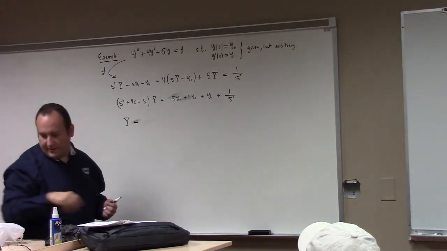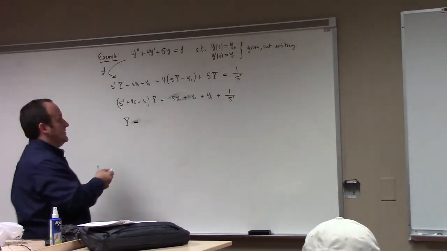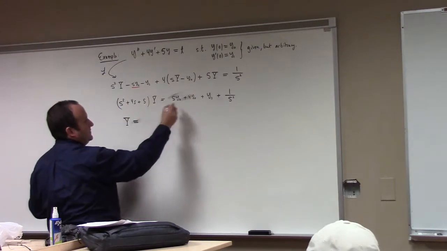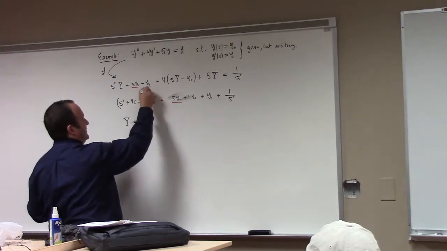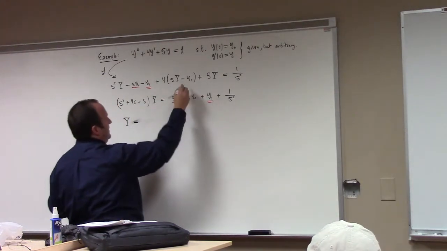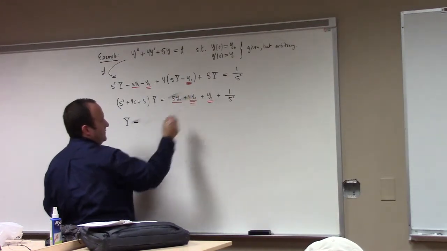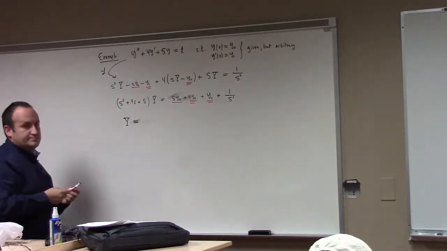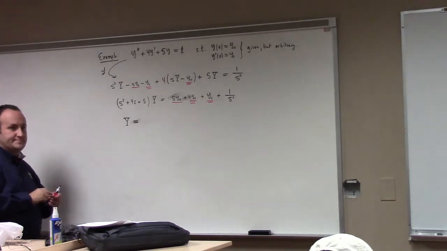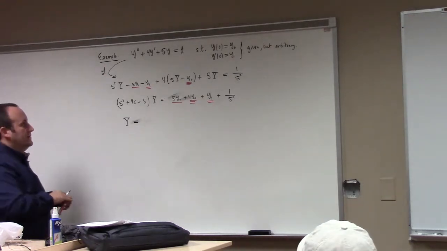Let me just reiterate here. I've got 3 terms coming from initial conditions. I've got this one, which is giving me that. I've got this one, which is giving me that. And I finally got this one, which leads to that. All right? Are we good? Sorry about my previous mistake.